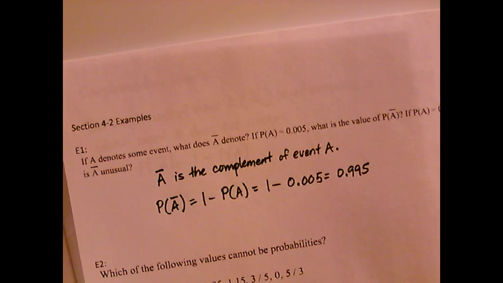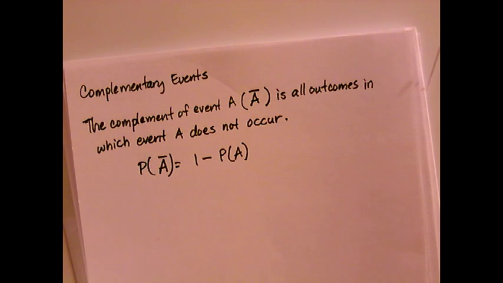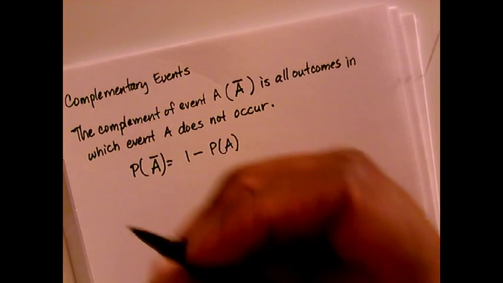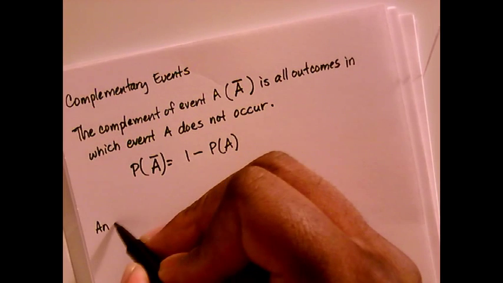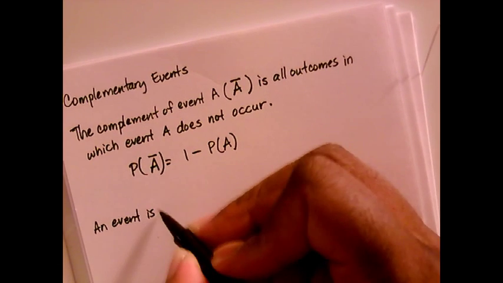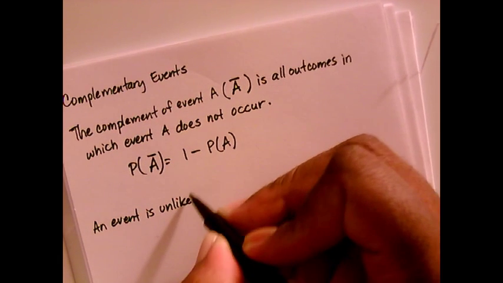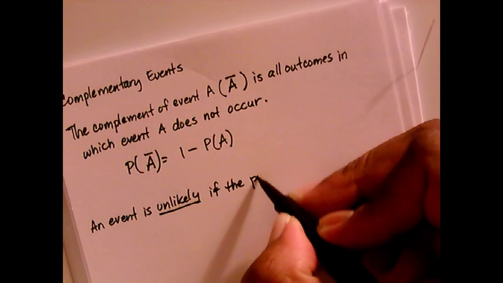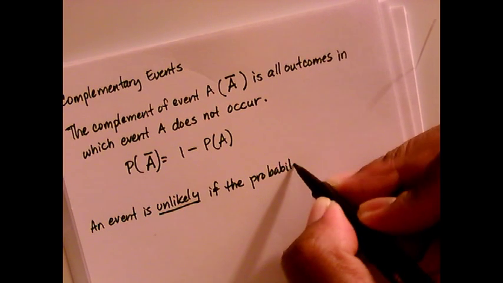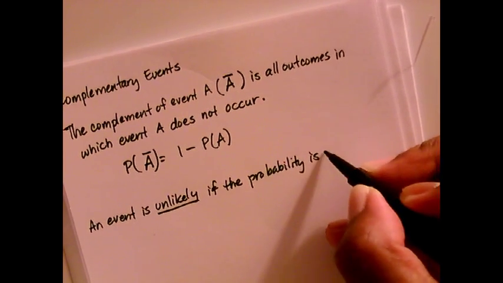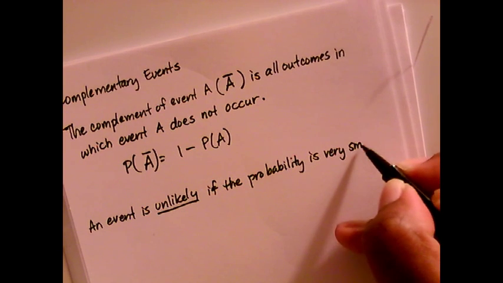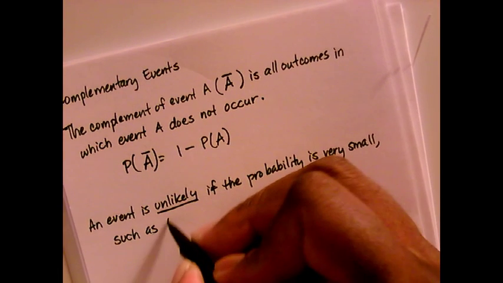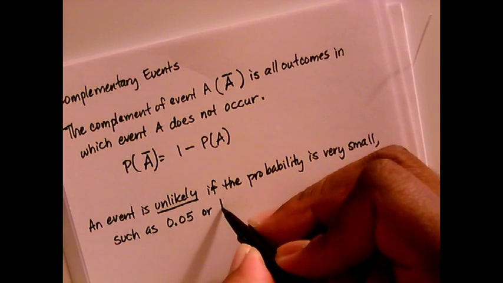Now let's go ahead and talk about what unusual and usual events are. Here are some definitions. An event is unlikely if the probability is very small. And what do I mean by very small? Something like 0.05 or less.